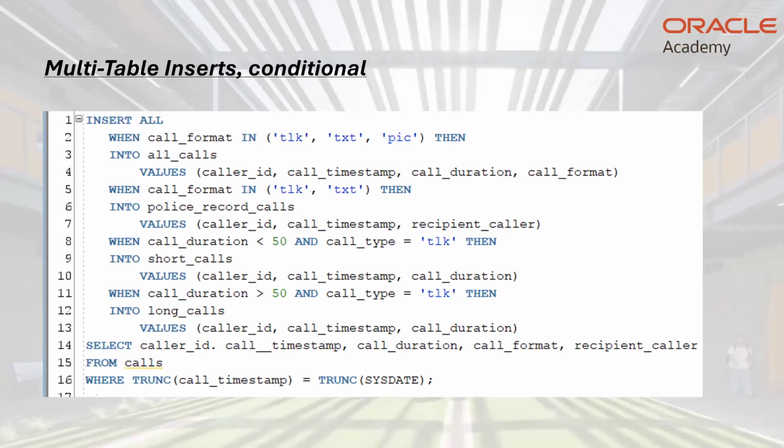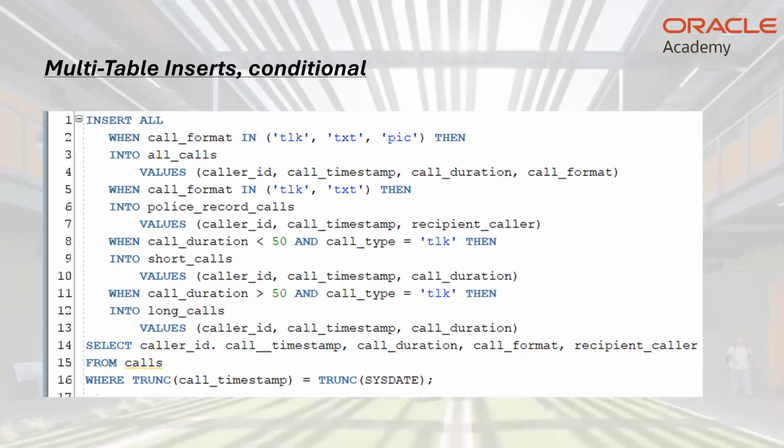You see here is all calls, public record calls, short calls, long calls, and there are conditions, so make sure you can read through this. Obviously you can't run this in our database, but this is what you would see, and I'm very comfortable that you can read through this and understand what's happening. You have to remember there are millions of records here being moved. And this is truly representative of a multi-table insert.